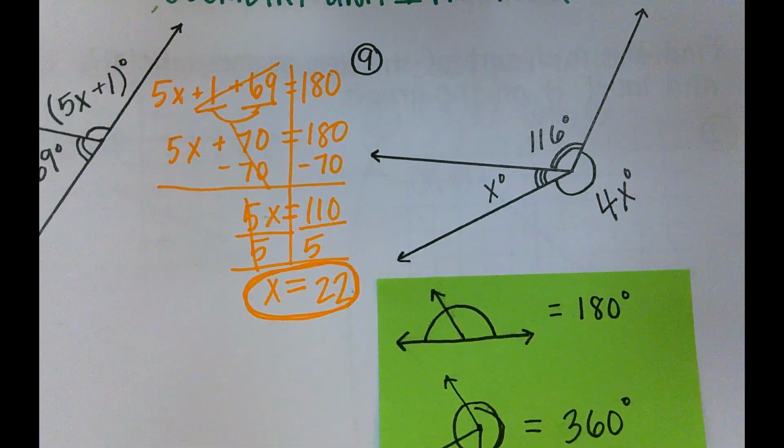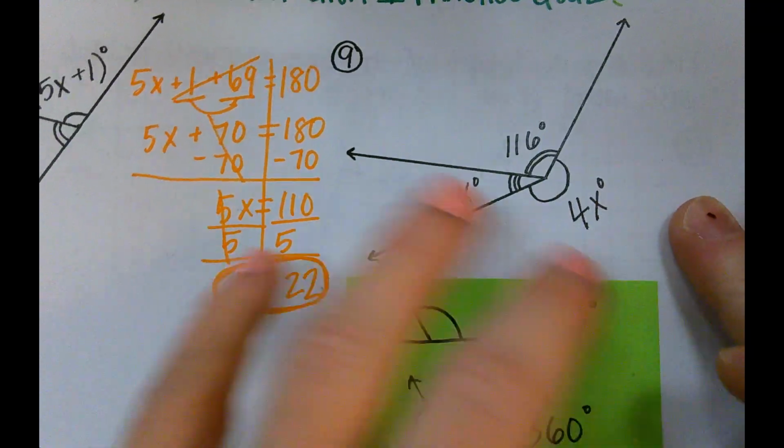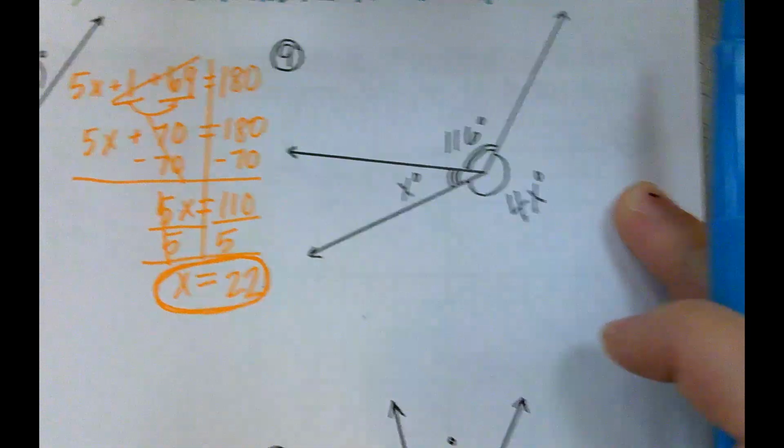Look ahead to number 9. What's happening in number 9? 360. Yes, now we have 360. So for number 9, if our angles are going to add up to 360, what is a good equation?